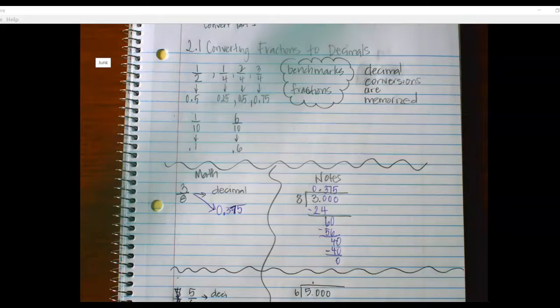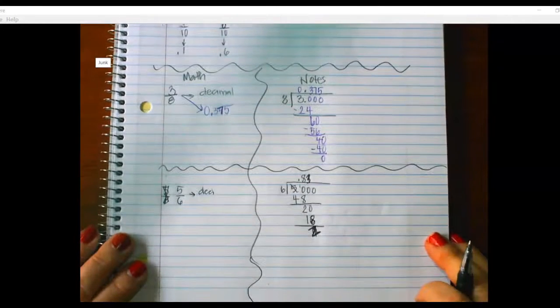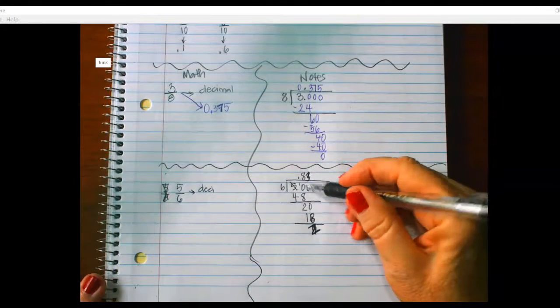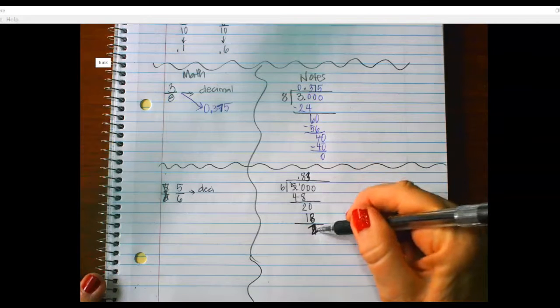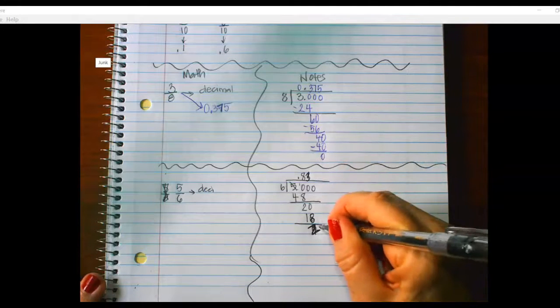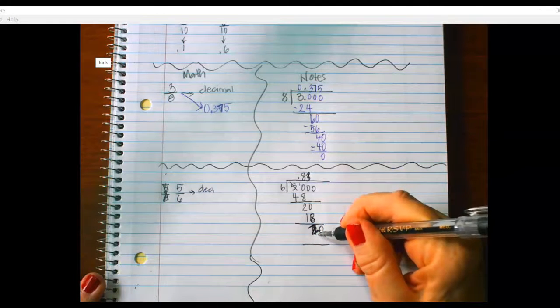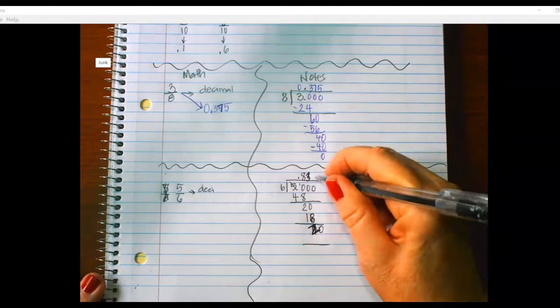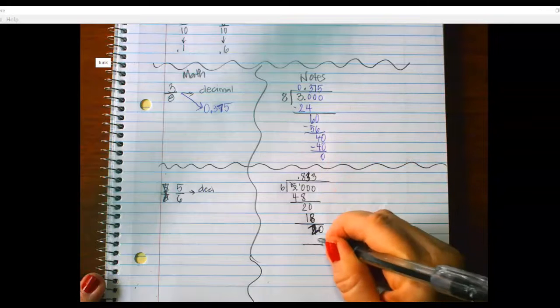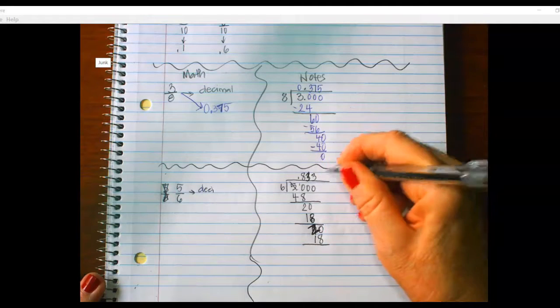And pause this video, of course, anytime along the way. You can see I've done some messy dividing. Let me move that up. So we are here, bring down the 0. 6 goes into 20, still 3 times, that would be 18. I know this is going to go on and on.